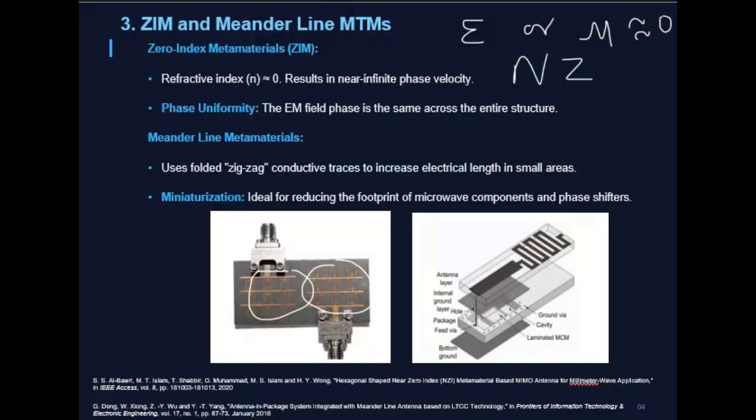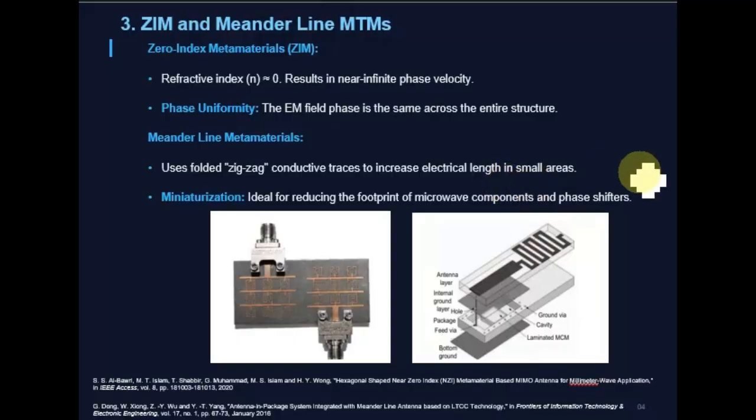Another property is that they contain infinite phase, meaning the phase velocity is infinite. It means the entire structure contains the same phase; phase will not change from one point to another. This kind of structure is called a zero index material, and these materials are used in leaky wave antennas where we require a highly directional electromagnetic wave.